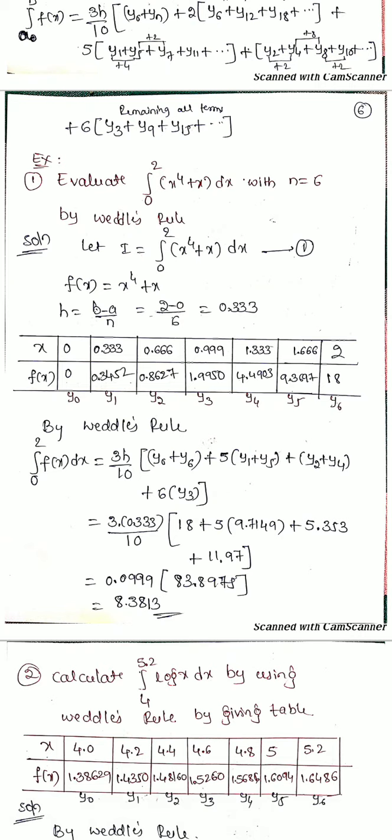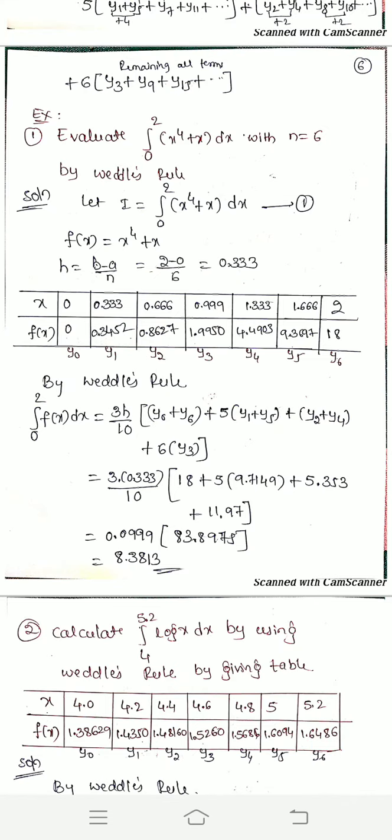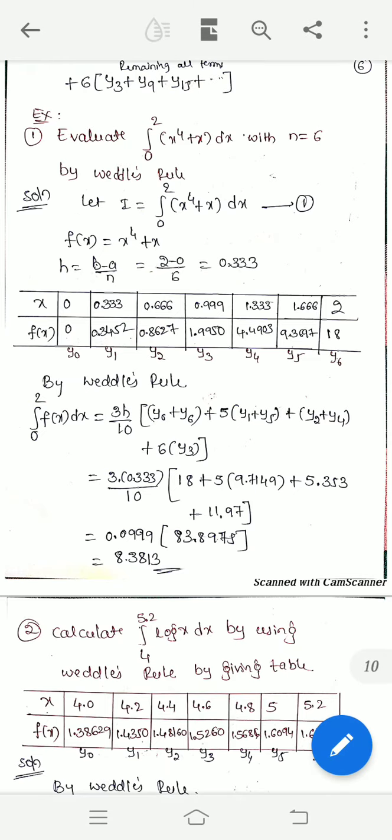Here the given function f of x equals x power 4 plus x. How to find the step h? h equals b minus a divided by n, here 2 minus 0 divided by 6, which is 0.3333. That is the h value.